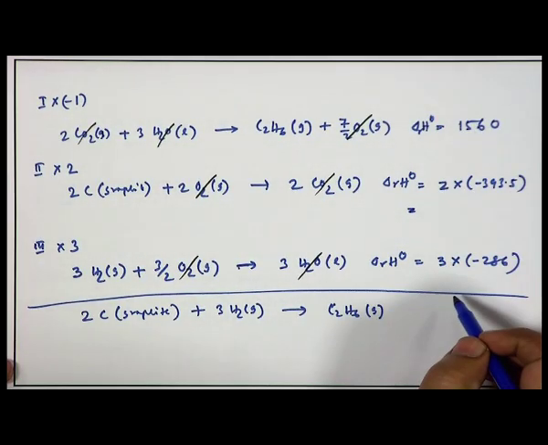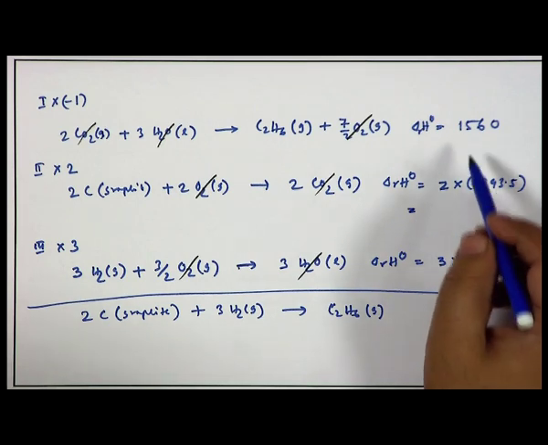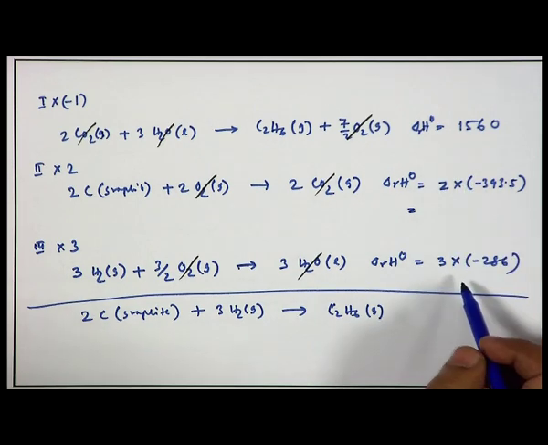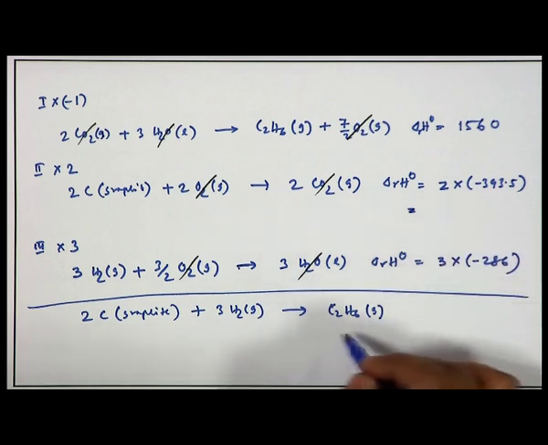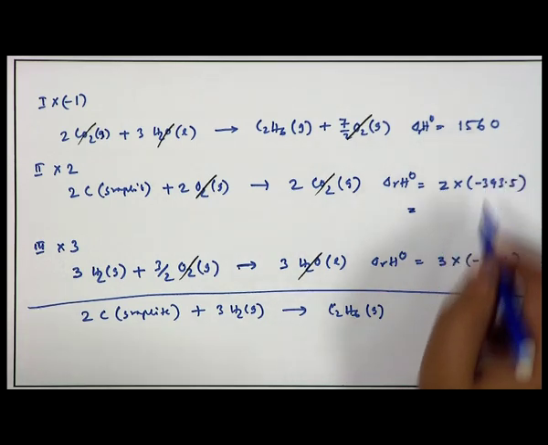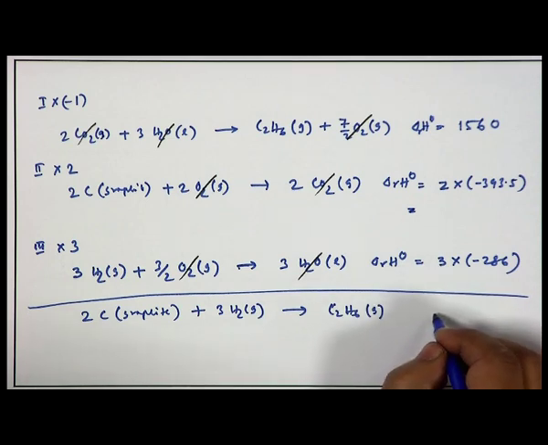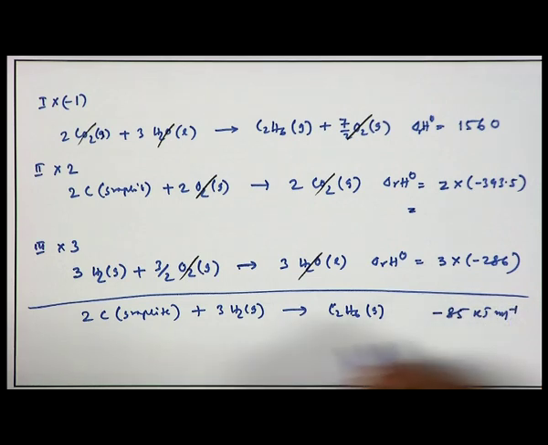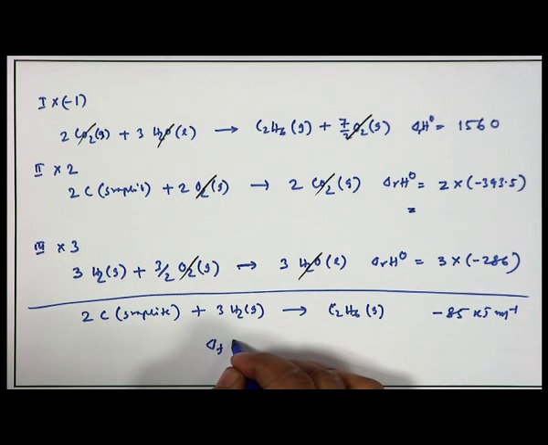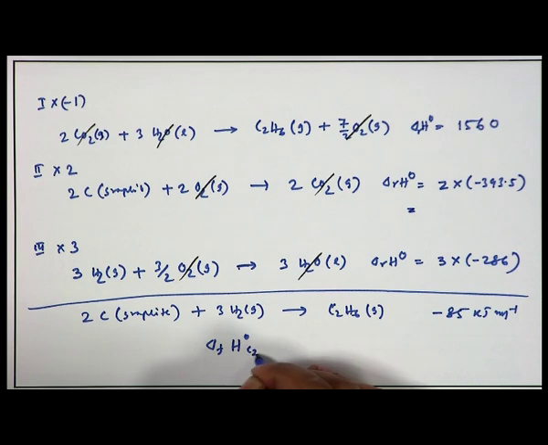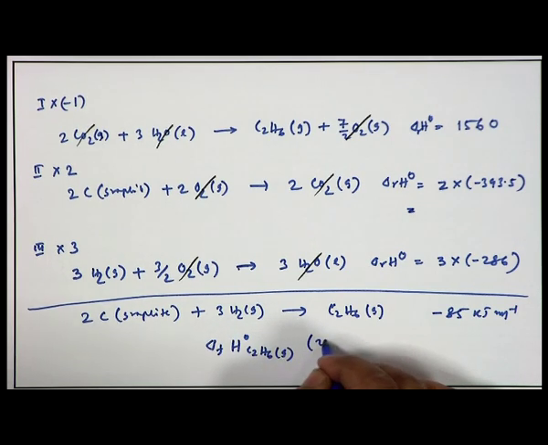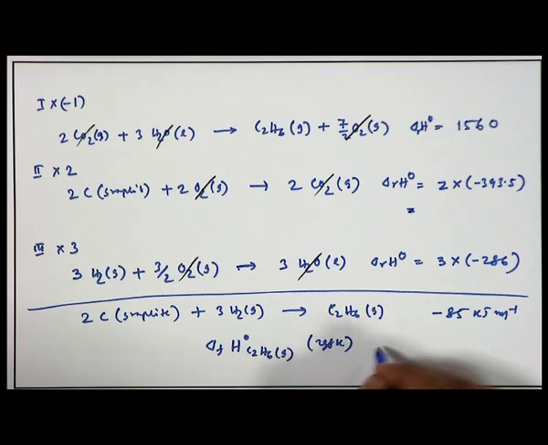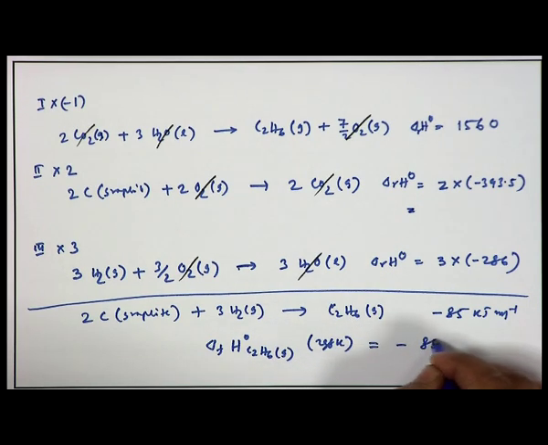So, we can add these numbers and find out the enthalpy of formation reaction. This will turn out to be minus 85 kilojoule per mole, which means delta H formation of ethane gas at 298 K is minus 85 kilojoule per mole.